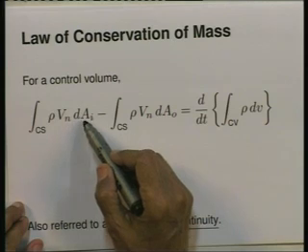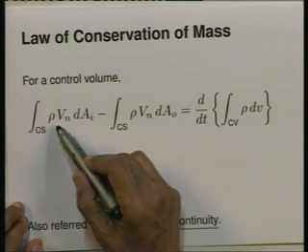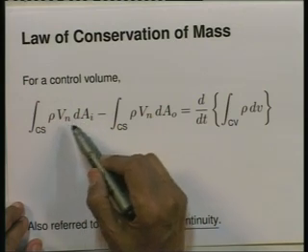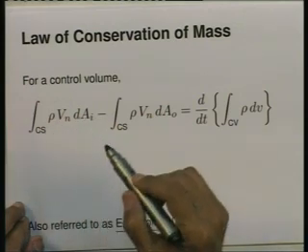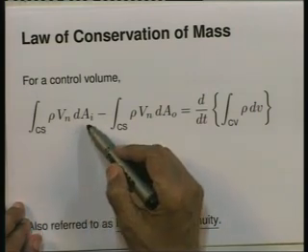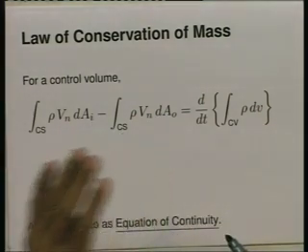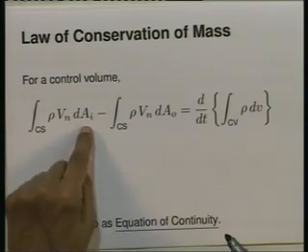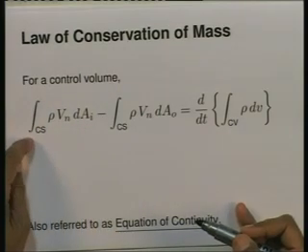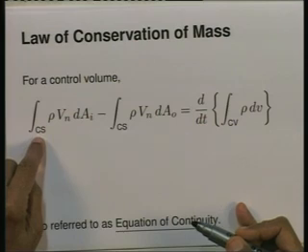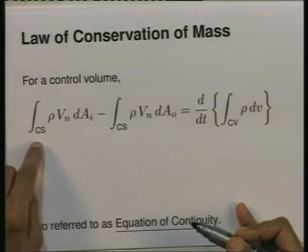Rho into Vn into dAi is the number of kilograms per second that flow in through the area dAi. If I want all the mass flowing in, the sum of all flowing in through all the dAis, I integrate this expression over the control surface wherever dAi exists.